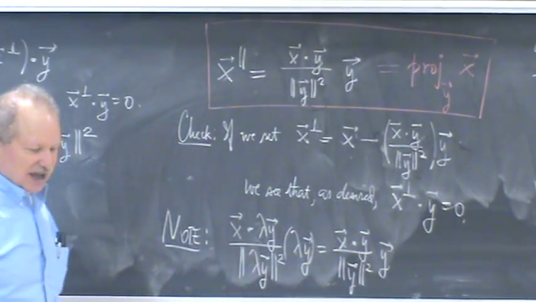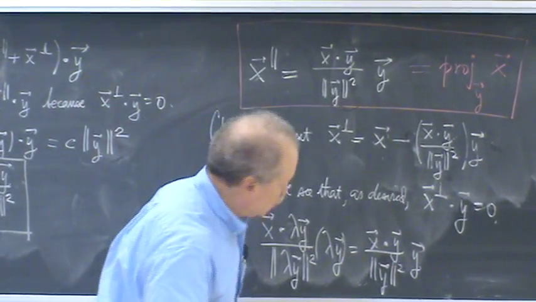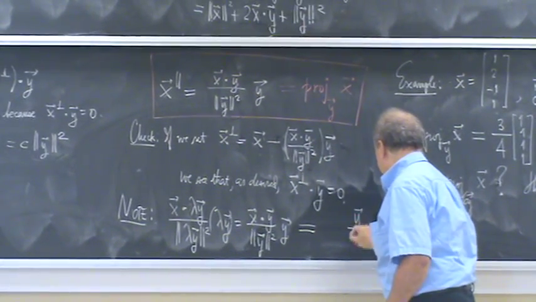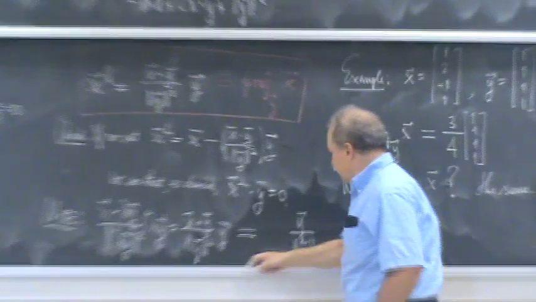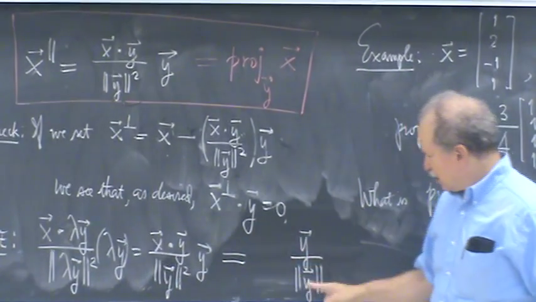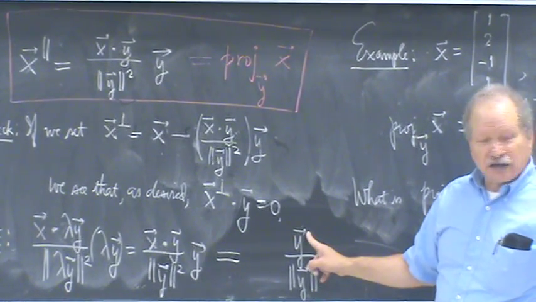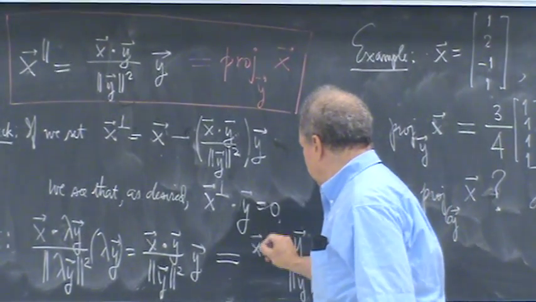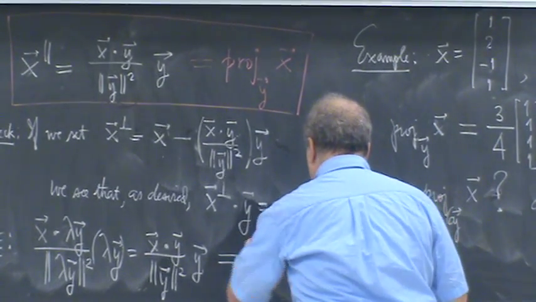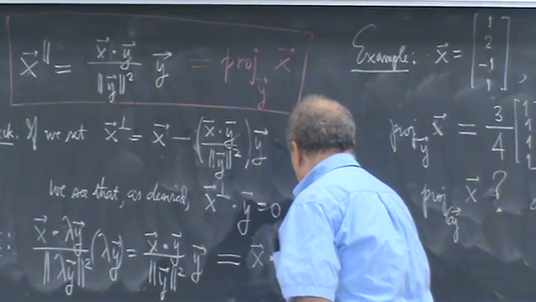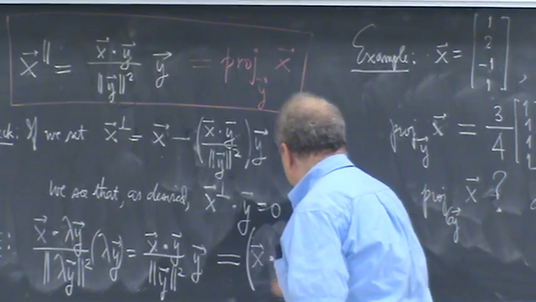Here's how you can understand that. Think of a unit vector in the direction of y. Pull one of the magnitudes of y so that it's divided into y. And then you're left with what in front of that? You're left with x dot the unit vector in the direction of y.